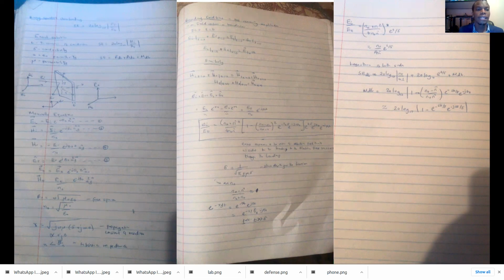Similarly, you can also take it in the form of 20 logarithm of HI, which is the incident magnetic field, over HT, which is the transmitted magnetic field. And the sum R plus A plus M, all in decibels, is what constitutes SE. Those are the two formulas that you need to know when deriving this.